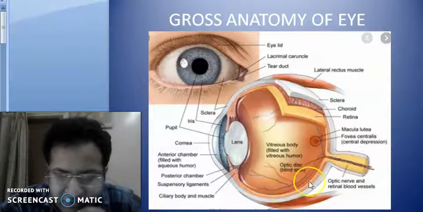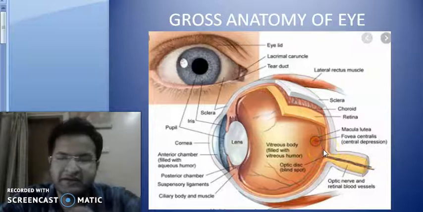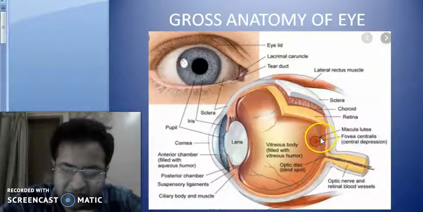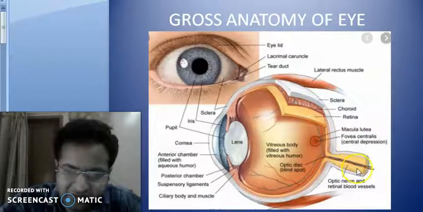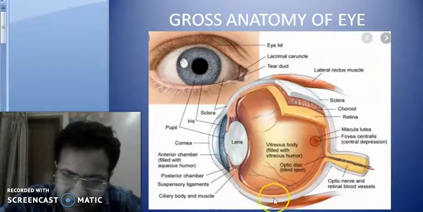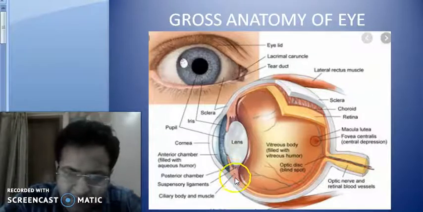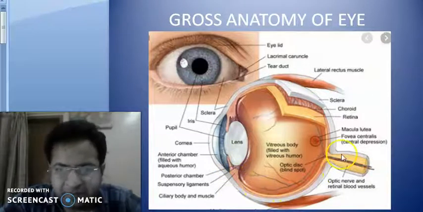This neurosensory layer, which converts the light energy into electrical energy and sends it to the brain via the optic nerve, is the retina. Between the retina and the outer layer, the sclera, is the choroid, this brownish part. The choroid, the ciliary body and the iris together are known as the uvea.